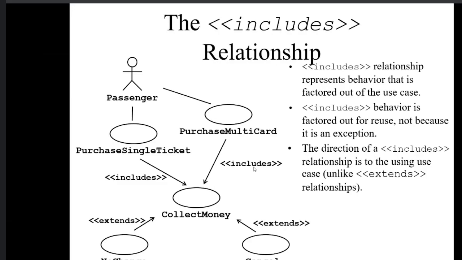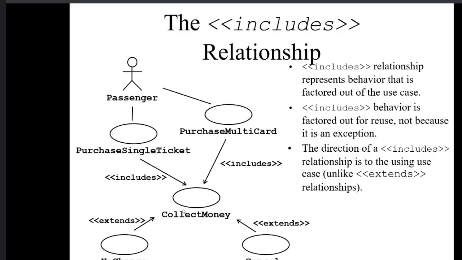You can see that when the use case purchase single ticket uses collect money, the arrow is on the collect money side, and when it is extended, no change is being extended towards collect money, the arrow is on the collect money side.